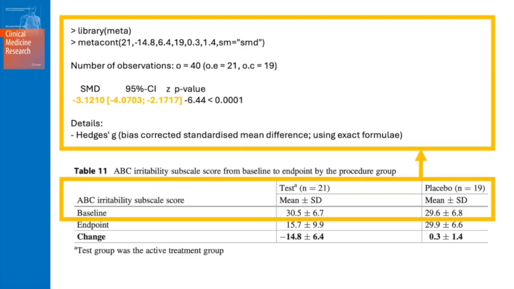So first of all, we can compute the difference. I'm sorry, but my slide is not good, because what I've compared is the change in the main outcome, as you can see here, 14.8 and 0.3.